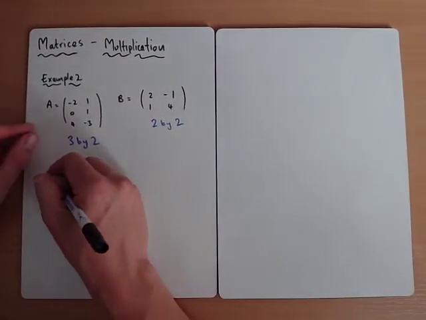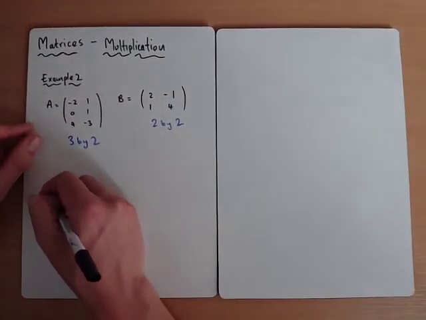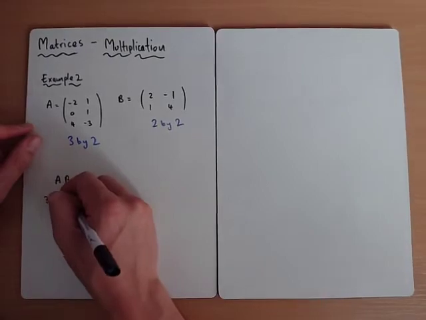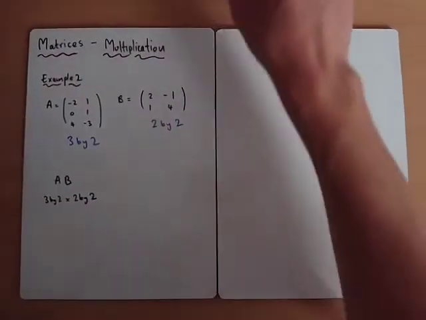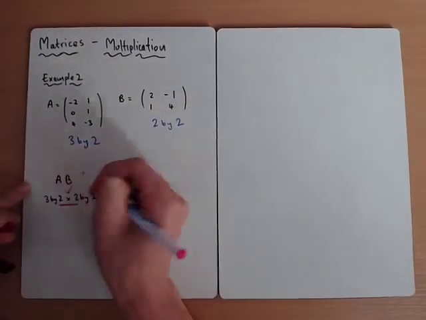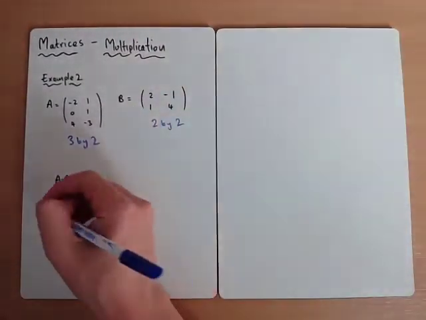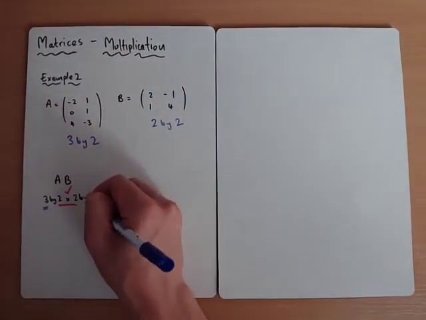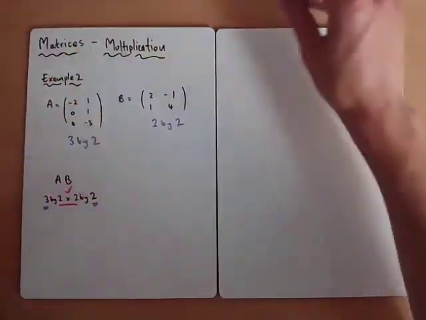So for example, if I was asked to do A times by B, that would be 3 by 2 multiplied by 2 by 2. Those in the middle do match up, so it does work. And the answer would equal a 3 by 2.